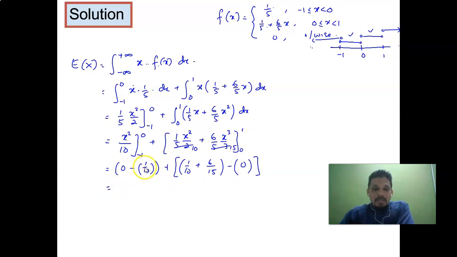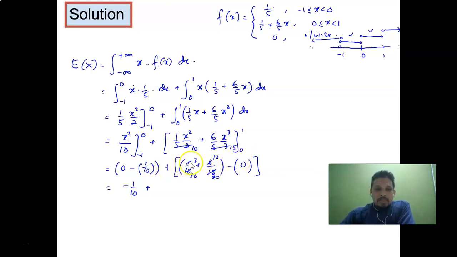So 0 minus 1 over 10, negative 1 over 10 plus, okay, it's time now to solve this part here. 10 and 15, the nearest common multiple, I think, let's make this one 30. 10 multiplied by 3 equals 30, so 1 times 3 equals 3, so 3 over 30. 15 times 2 equals 30, so 6 times 2 equals 12.